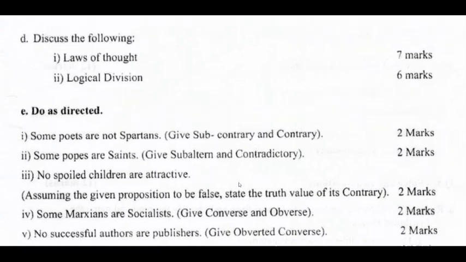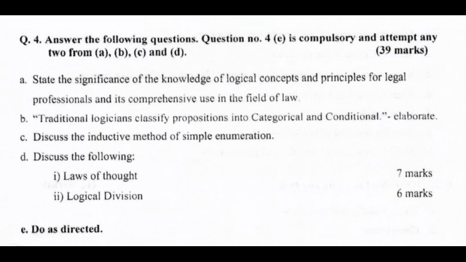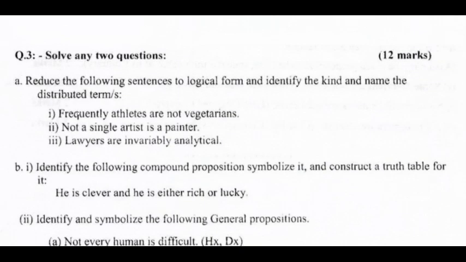But just go with the flow, and let's start the video first with reducing the following sentences to its logical form and identify the kind and name the distributed terms. So we'll take up the first one. Frequently, athletes are not vegetarians.